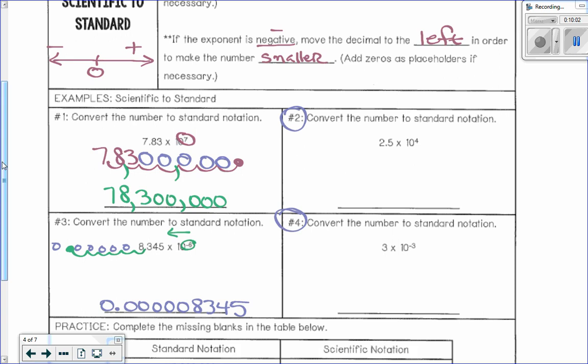Convert each number to standard form. Good. She moved a 3 to the left, and you should have gotten 3 thousandths. One big clap. 1, 2, 3. Questions? Clarify anything?